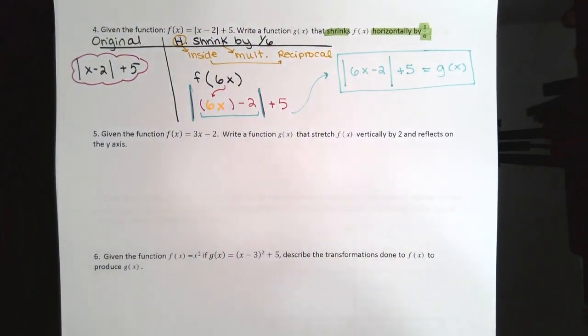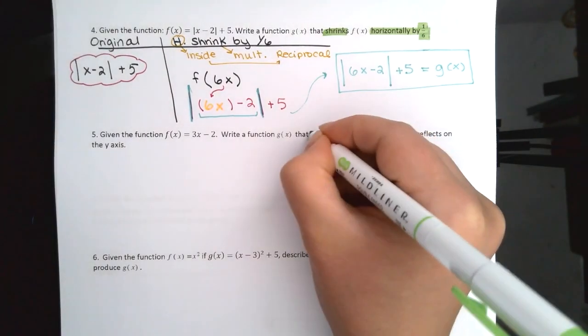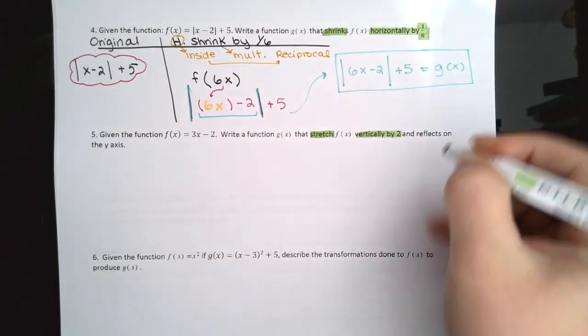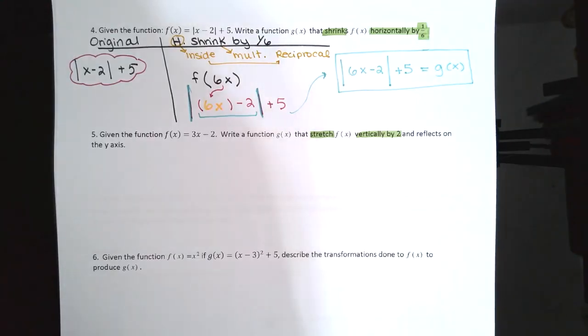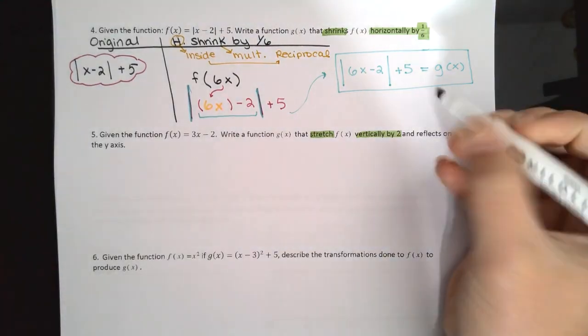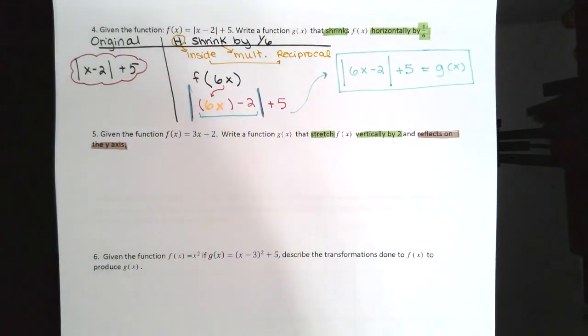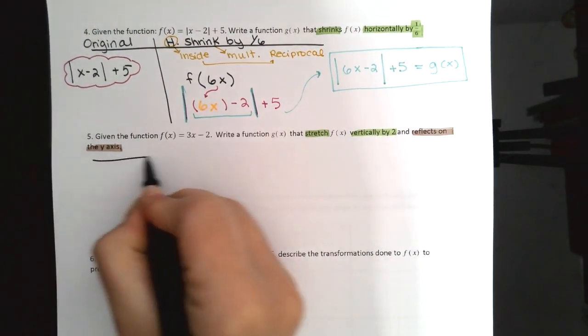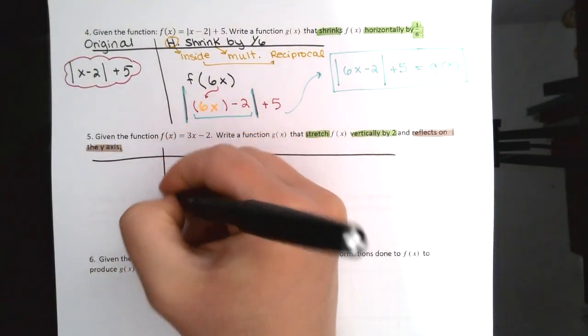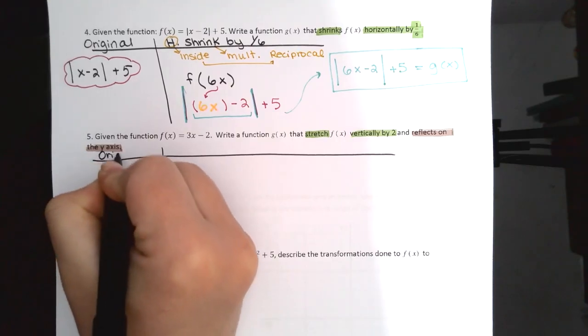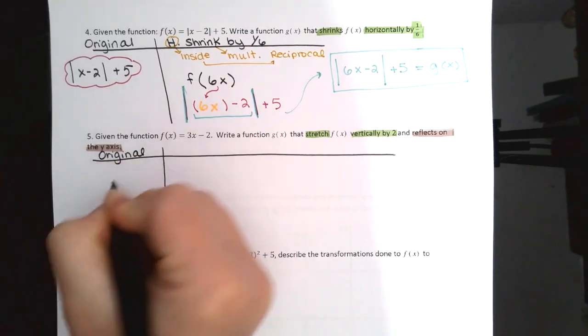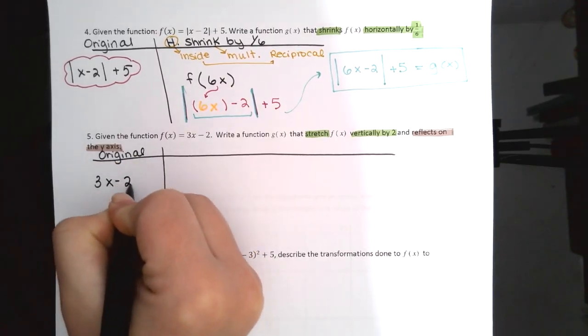Given the function 3x minus 2, write a function that stretches vertically by a factor of 2 and reflects on the y-axis. So 2 changes here. Let's go ahead and make our table. We have 3x minus 2 as our original.